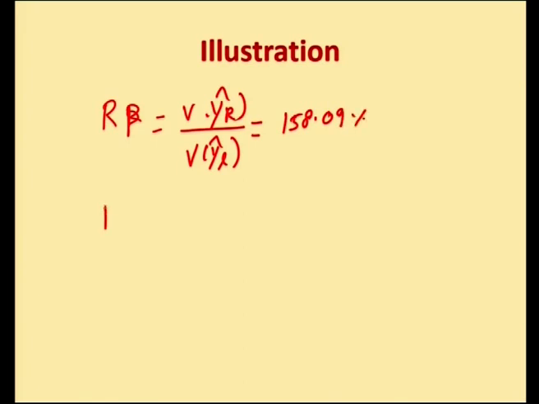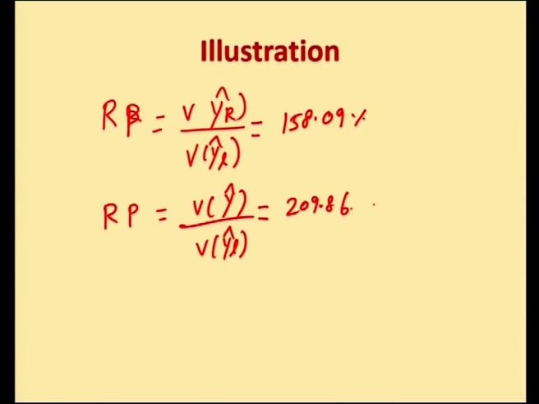The relative precision of the regression estimator to the ratio estimator is variance of YR cap divided by variance of YL cap, and this is found to be 158.09 percent. The relative precision of the regression estimator to the mean per unit method is variance of y cap divided by variance of the linear regression estimator, and it is found to be 209.86 percent. So, based on the relative precision, we can conclude that the regression estimator provides more precise estimates than the other two methods, namely the simple mean per unit method and the ratio method.